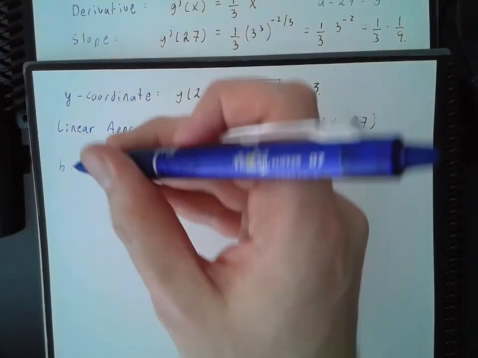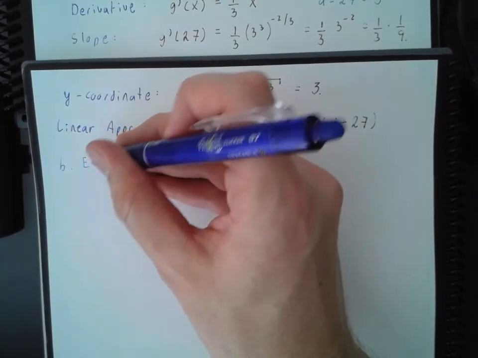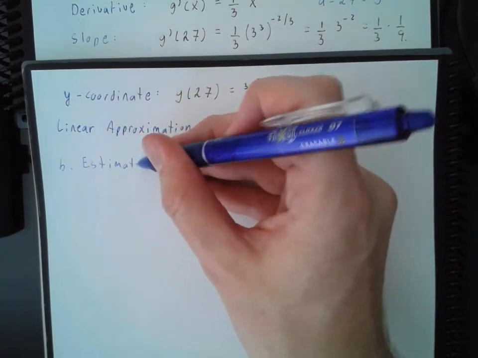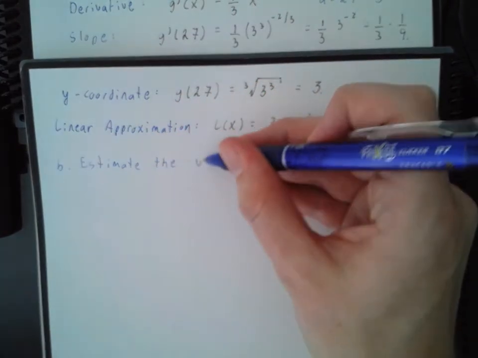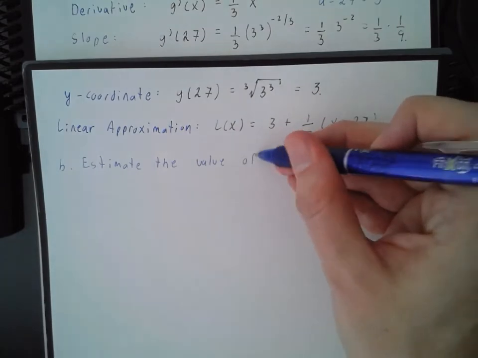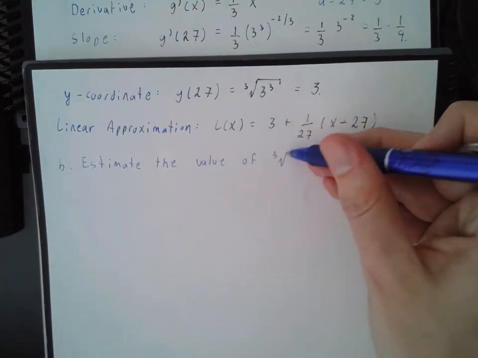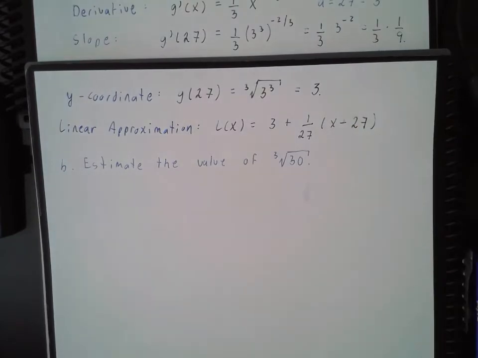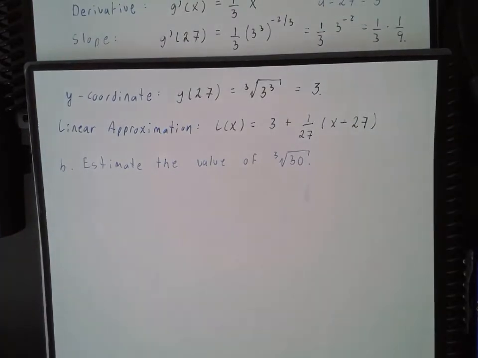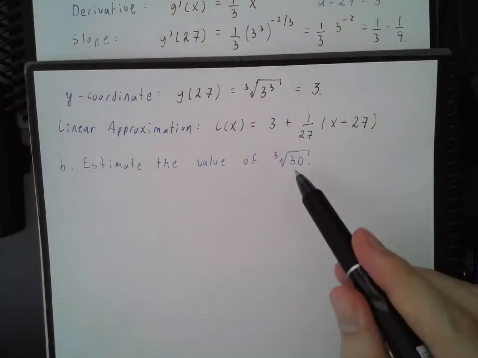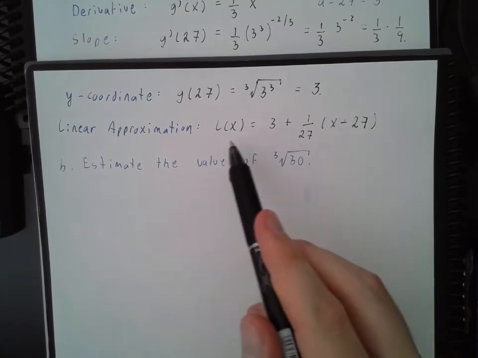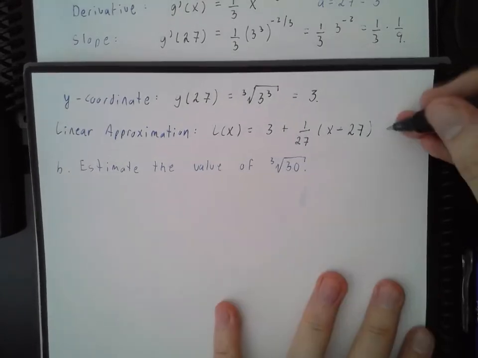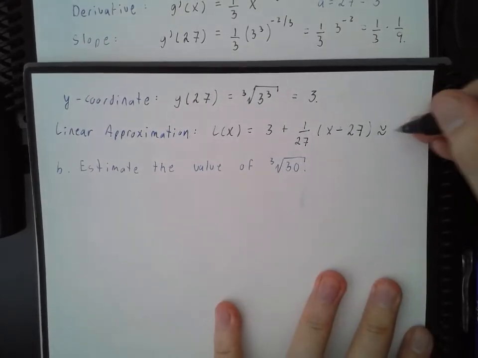So now what we're going to do is estimate the value of the square root of 30. The cubic root of 30. So now this is interesting because, I mean, we can use a calculator, but right now, if we only have the linear approximation and we don't have a calculator, this linear approximation is giving us an approximation to the cubic root.